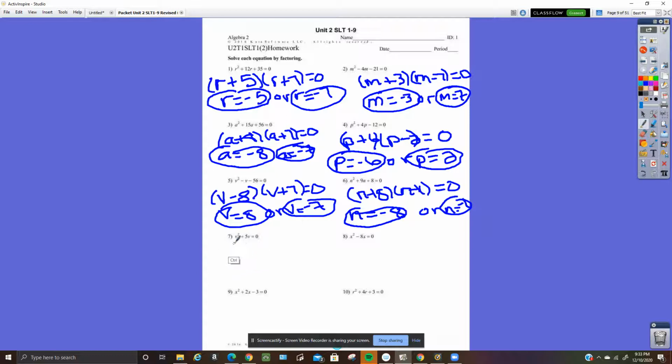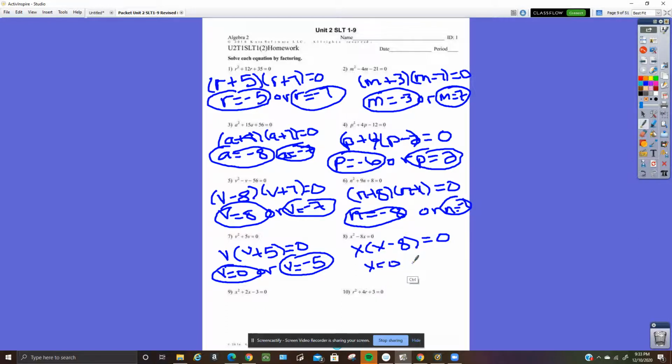And then this one has a common factor of v. V equals 0, or v equal -5. This one has a common factor of x. X equals 0, or x equal 8.